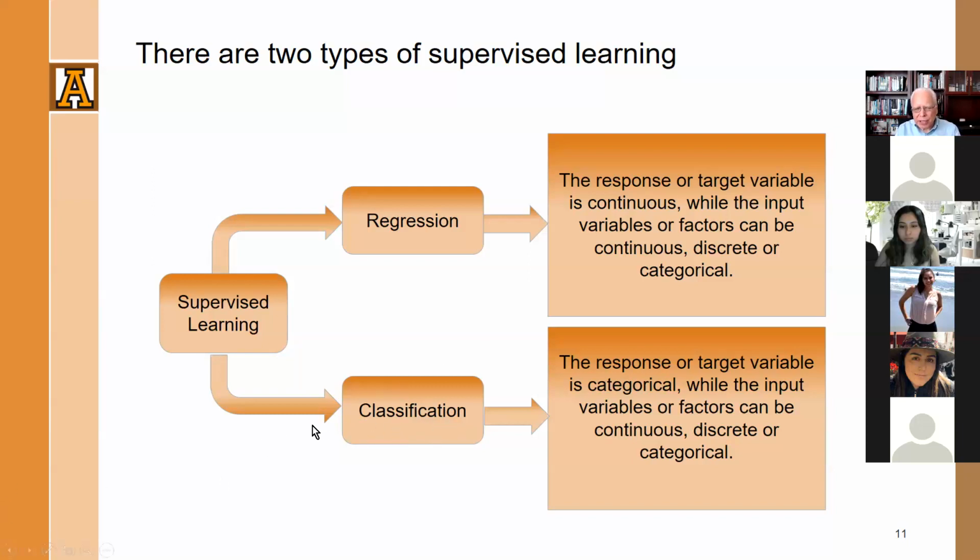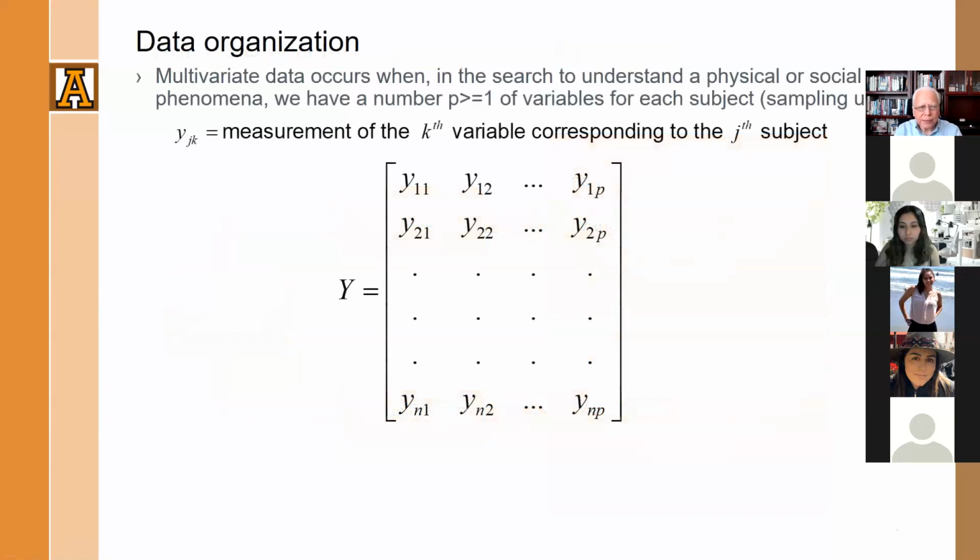Classification, which is also prediction. I should say classification and prediction, but I should also say regression and prediction, because we can use a regression equation to predict. We can also use a classification model to predict the category for a new subject.